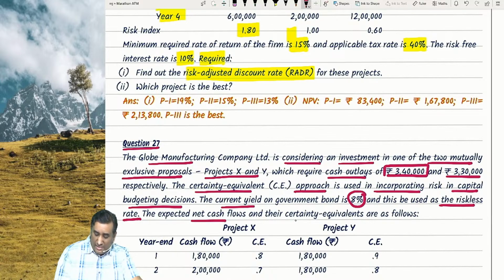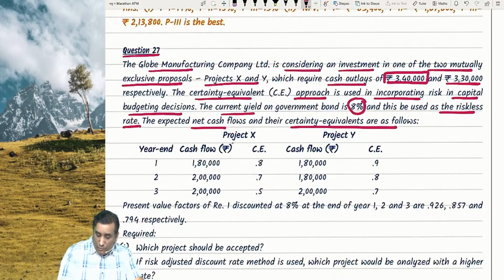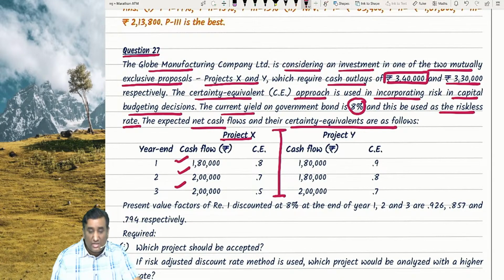Expected net cash flows and their certainty equivalent are as follows. Let's focus on project X first. In project X, these cash flows are always uncertain, and the CE factor is given. Sir, how do I read 0.8? 1 rupee uncertain, 80 paisa is certain. 1 rupee uncertain, 70 paisa is certain.